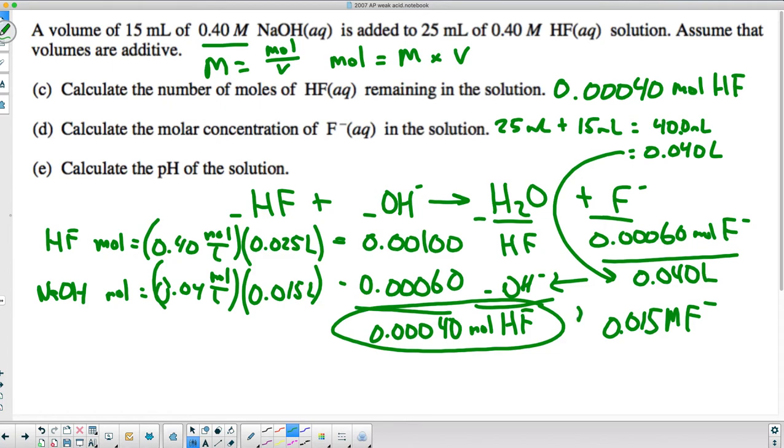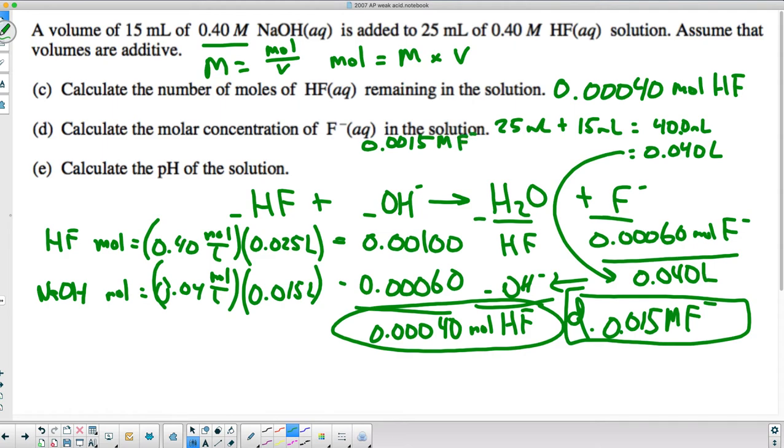So this part right here is letter D, like that. That's kind of all screwed up, but you can still see where everything is. So this right here, then, for letter D is 0.015. That's the concentration of F minus.